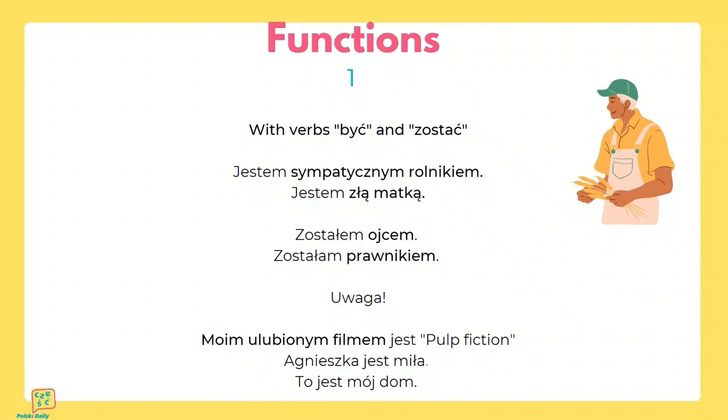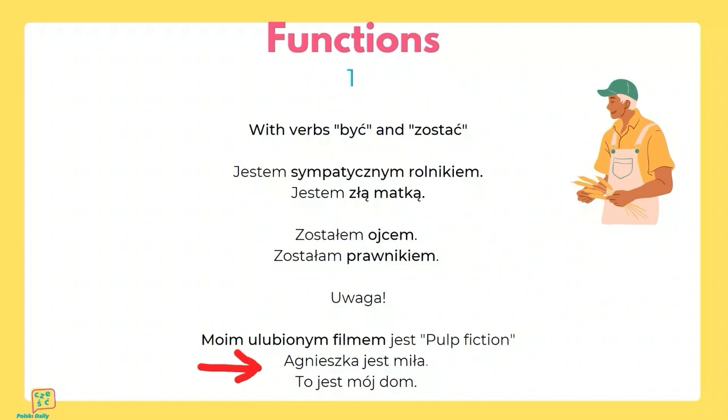The second thing that you really need to remember is that when you have a sentence in which the object doesn't have a noun, but the object is just an adjective, so it's basically not an object but the description of the subject, then you cannot use instrumental case. Agnieszka jest miła. Agnieszka is nice.